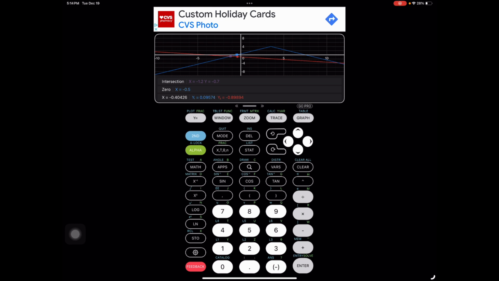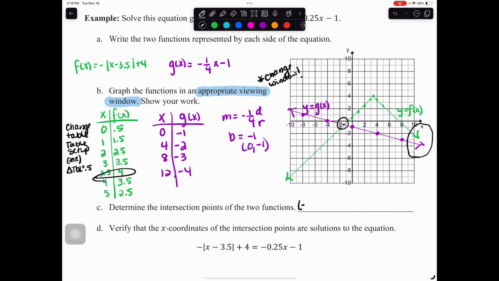You might have to hit enter a third time in order to do your guess. But you can see on my screen that it says the intersection is -1.2 and -0.7. So we're going to write that down back in our notes. So the first intersection point was -1.2 and -0.7.